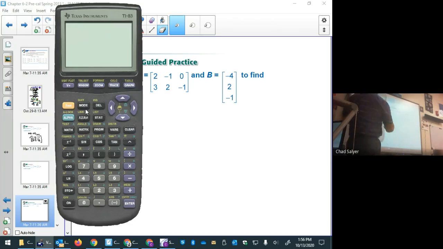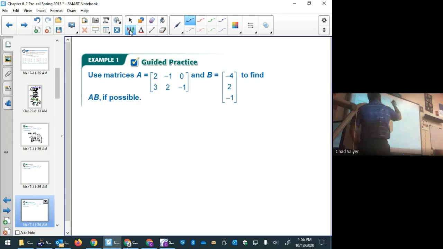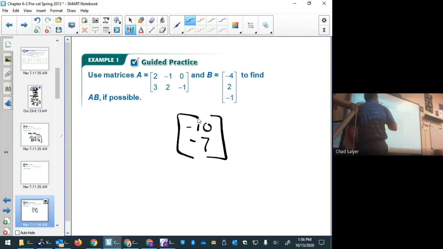Okay, so in order to multiply these, I call matrix A times matrix B. And the answer is 2 by 1, -10 and -7. Remember that dimensional analysis.